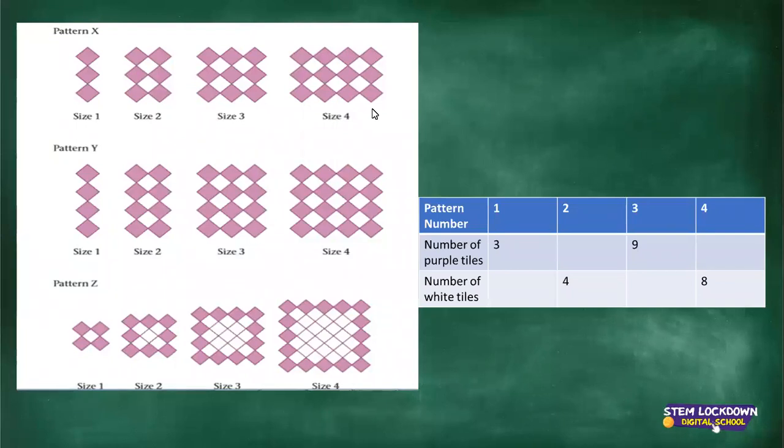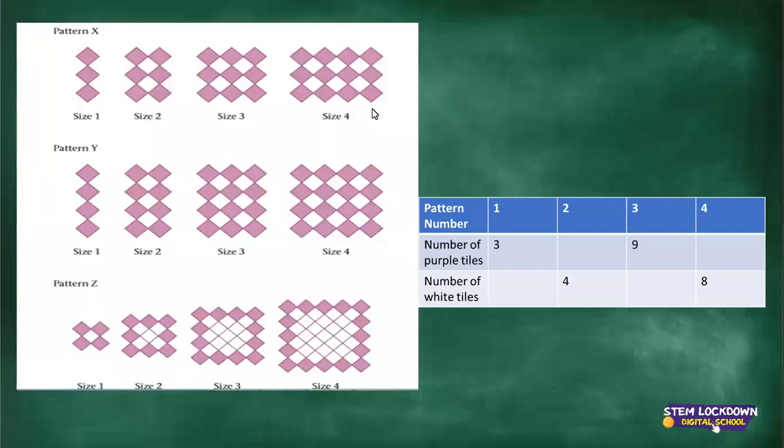The addition is only to increase the size of the pattern, but the rule will be multiplying by 3 for each size for us to be able to get the number of tiles. The rest of the class also says multiply by 3. That's correct.